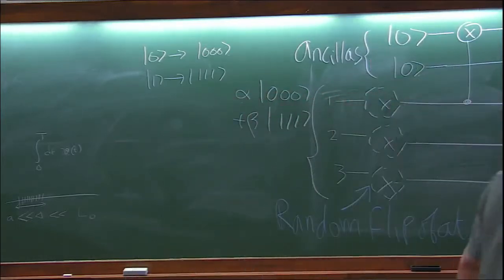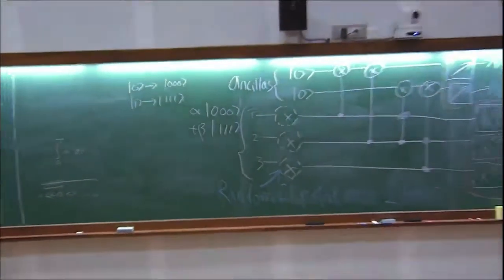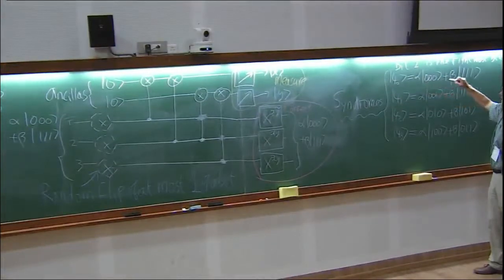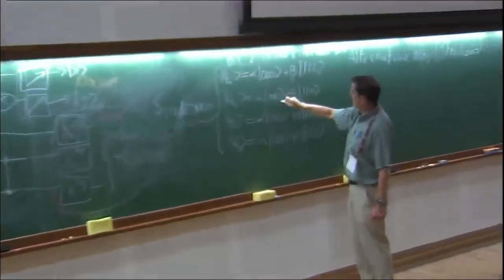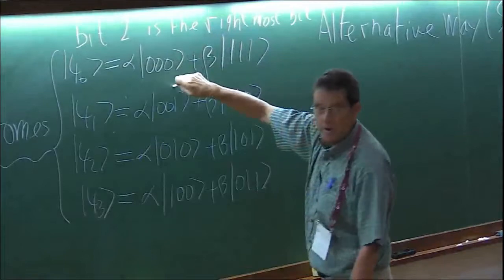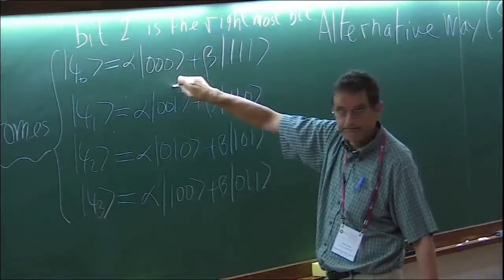So the 4 states that we have to distinguish, which go under the name of syndromes, include the uncorrupted state and the possible corrupted states that we're going to be dealing with. Collectively, they're called syndromes. So psi 0 is the uncorrupted state. Psi 1 has bit 1 corrupted, and I'm going to put the rightmost bit as bit 1.